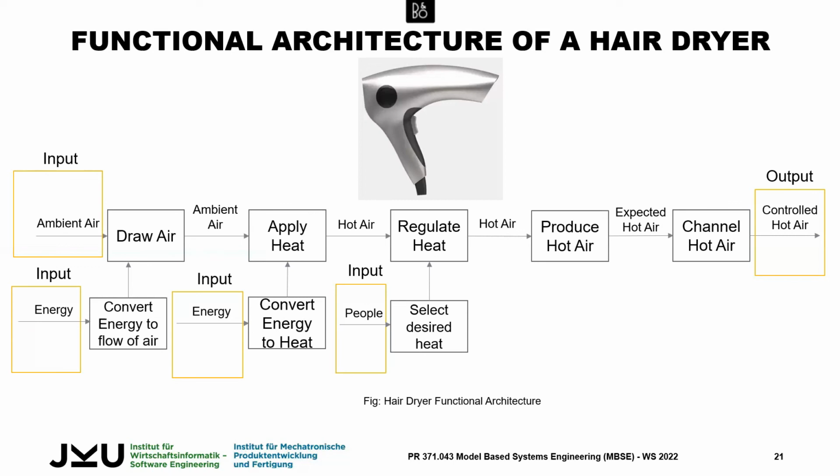Because if you cut from here immediately after production of hot air, then the flow will be very distorted. So you cannot dry a specific place. So you need a good tunnel which could channel the hot air, and as an output, you are getting controlled hot air. So this could be the expected functional architecture for a hair dryer.